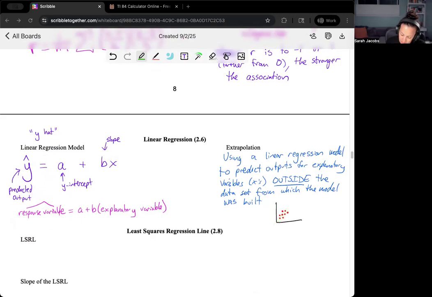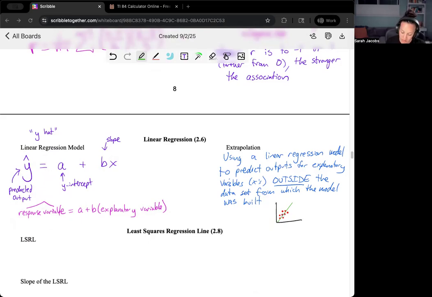Some line of best fit through there. It would be reasonable to say, hey, I've got another data point right here. Based on my X value, my Y value is going to be about here. That's reasonable. That's within the bounds of our data.